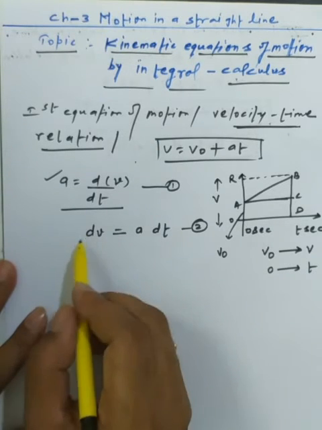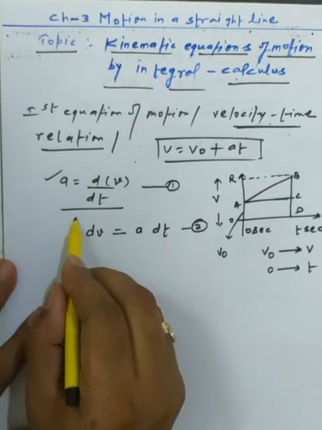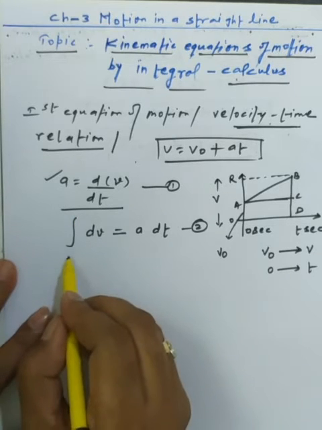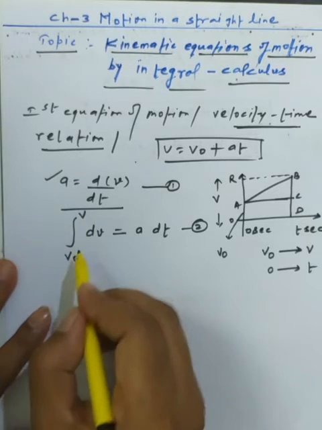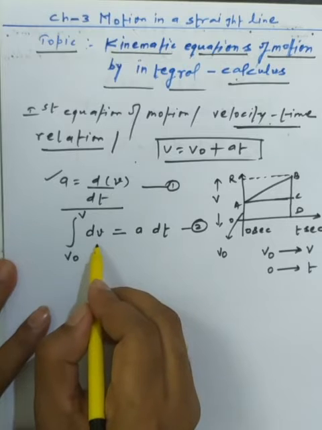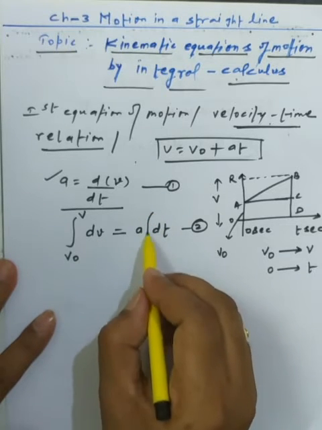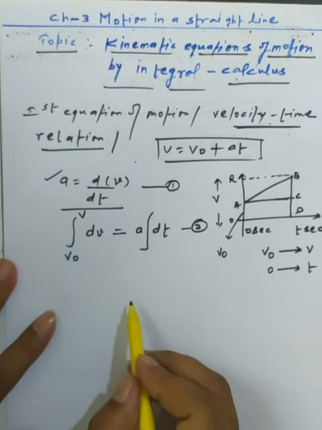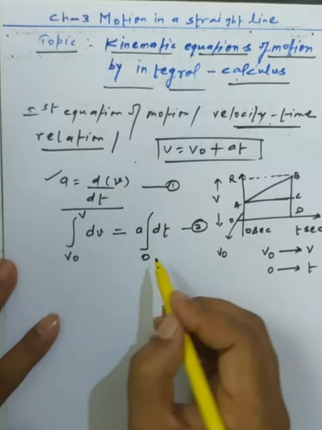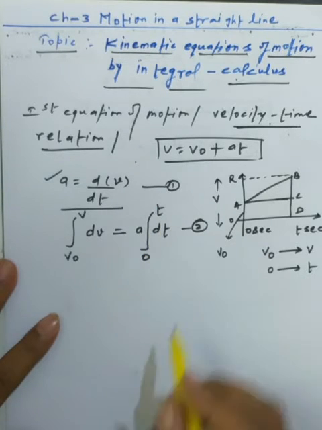Here I apply the limit on the velocity part, that is v naught to v, and we integrate with respect to dv. Now here we have the integral on time, so we put a, the acceleration, outside, and the limit is 0 to t.